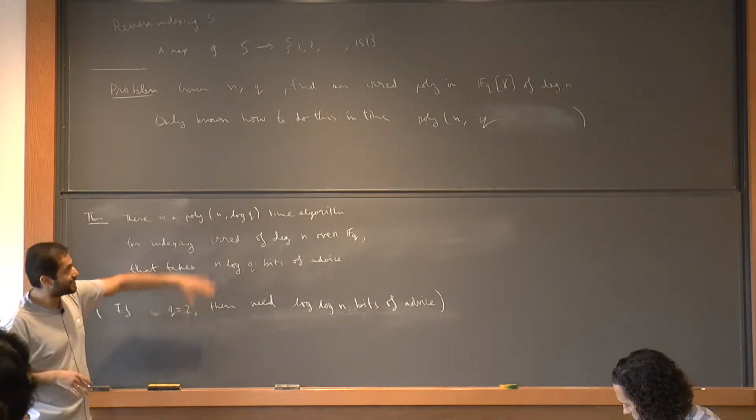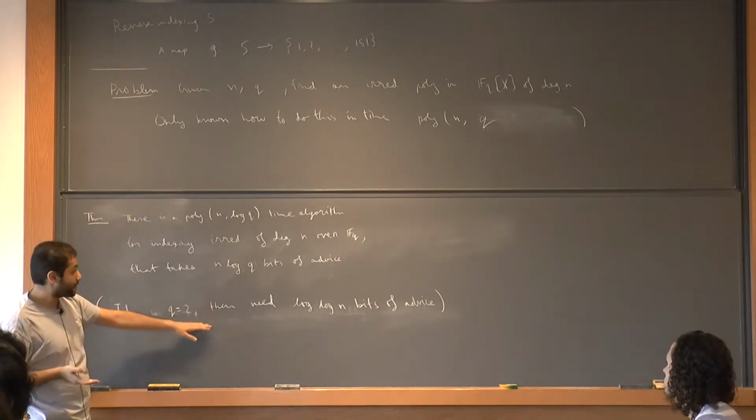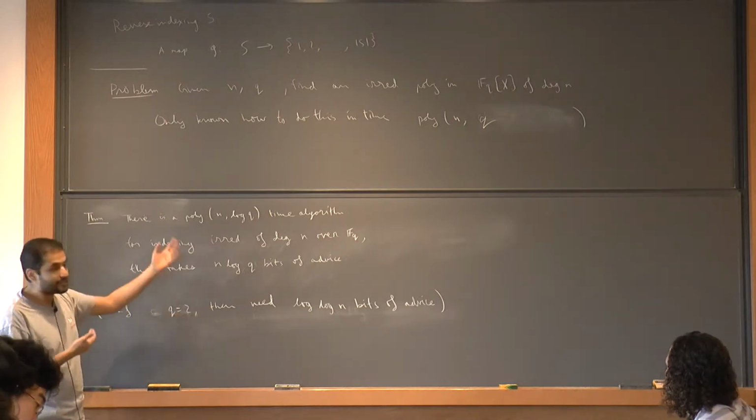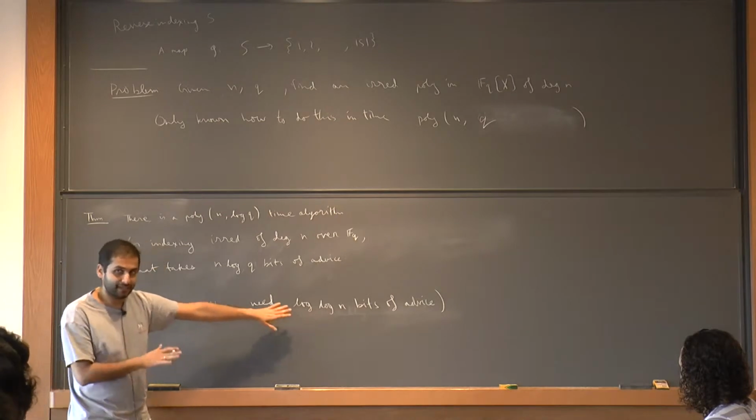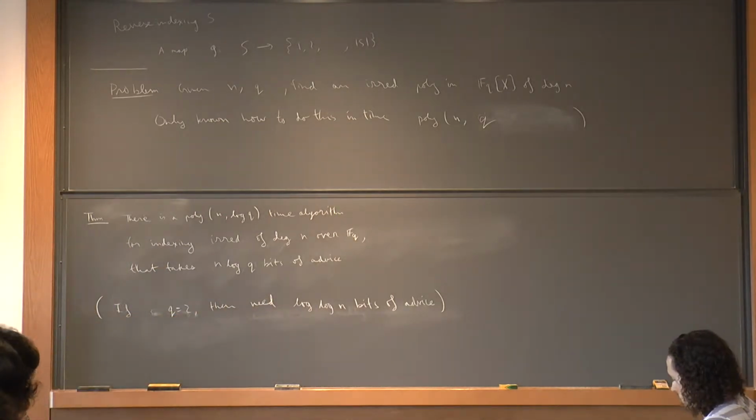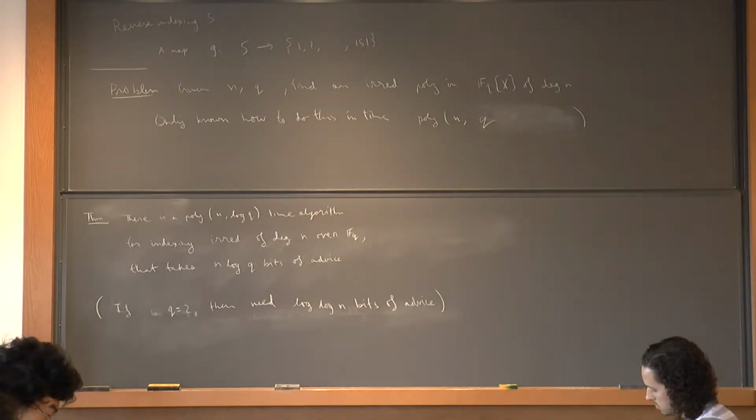So this is not consistent with, I mean, potentially, if q equals 2, we could just solve the problem without any advice, but we don't know how to do it. So that's the theorem statement.